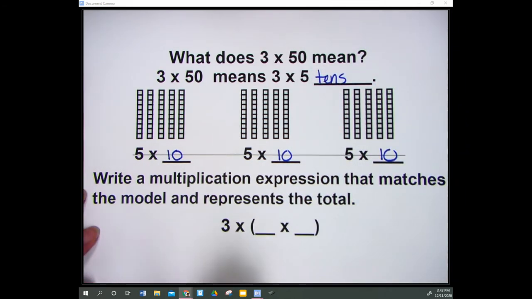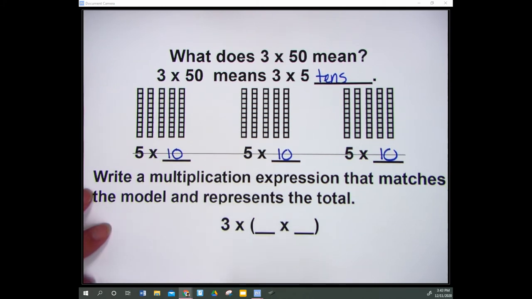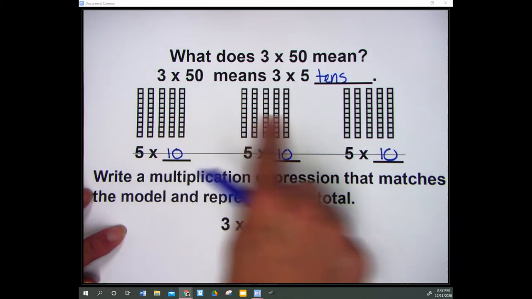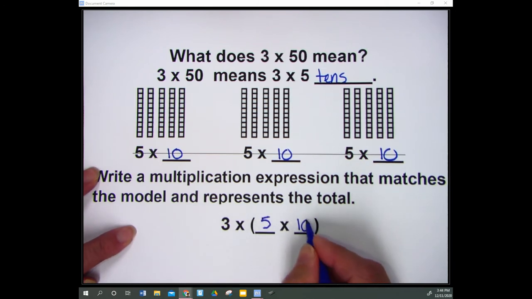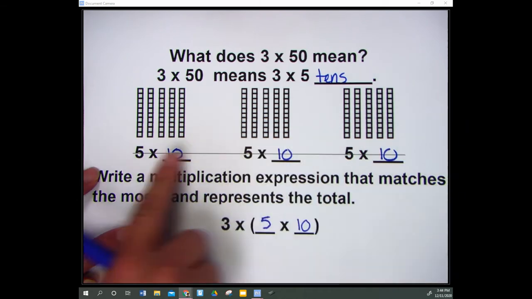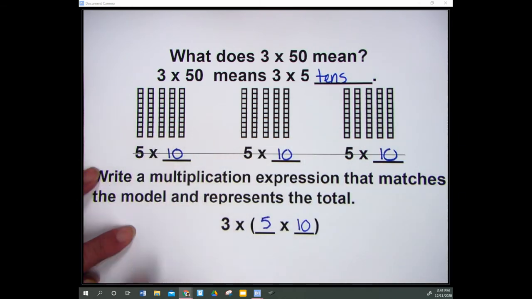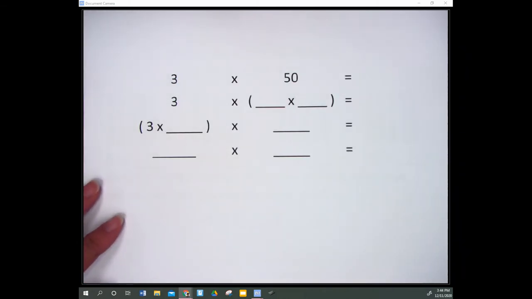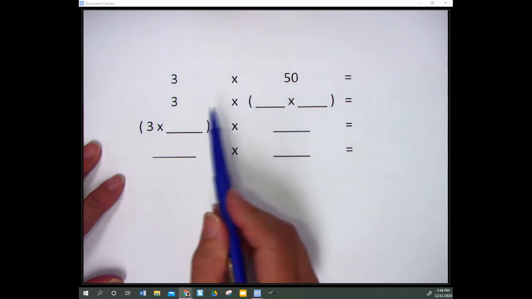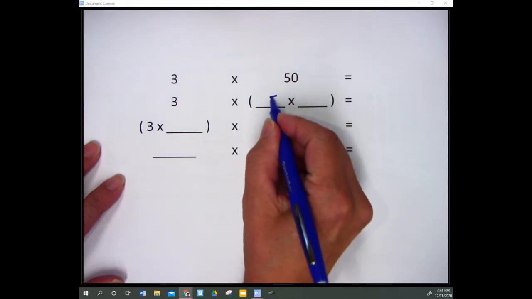Now, here is a multiplication expression that matches this model and will represent the total. Okay, I have 3 groups. There they are, 3 groups of 5 times 10, right? 3 groups, and each group has 5 of those tens. So here's a way we could think about this. 3 times 50, that's 3 times 5 times 10.